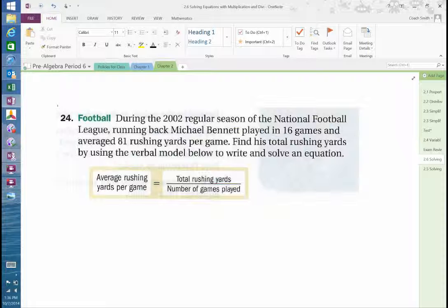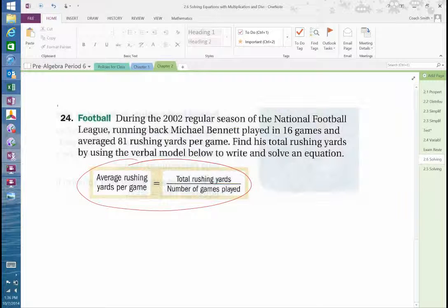Yes, 1,296 yards. If we look at our formula here, it says average rushing yards per game equals total rushing yards over the total number of games. In the 2002 regular season, running back Michael Bennett played in 16 games and averaged 81 yards per game. Find his total rushing yards.